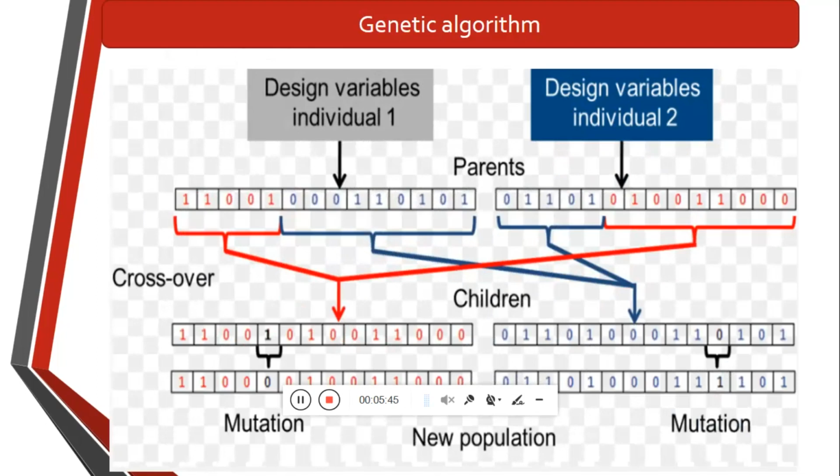We start with two variables, that means two individuals, individual 1 and individual 2. They symbolize the parents, and we try to apply two operations, crossover and mutation. Then we have two children, and we have a new population. This population gives us optimal solutions.